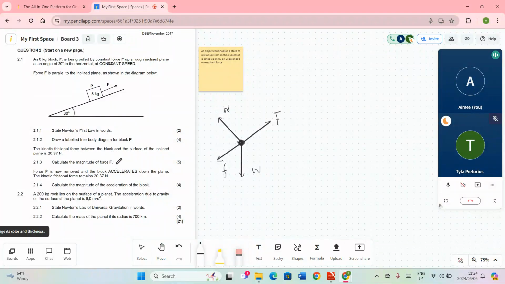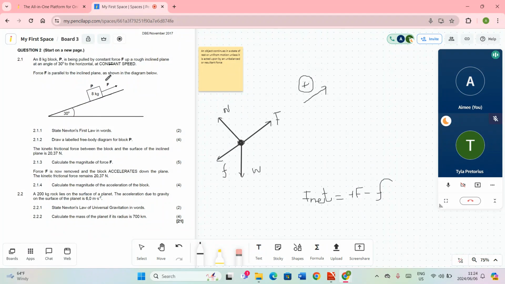So Newtons we know we're working with. We're going to have to work with F net. So F net is equal to, and now we need to take all of our forces into consideration. Okay, it's moving up the slope, which means up the slope is going to be taken as our positive direction. So we say F net is equal to positive applied force, plus frictional force, which is happening on the same plane, but this is moving in the opposite direction, so minus frictional force.